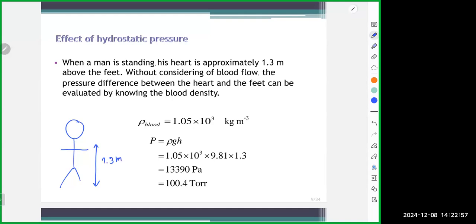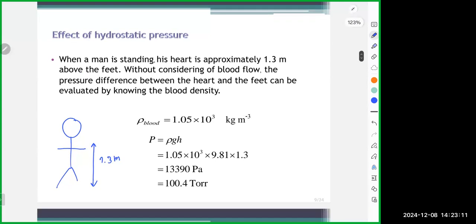So if you neglect the blood flow, just the static liquid, okay? If you would like to calculate the pressure difference, P here is at the heart, and P here is at the feet.